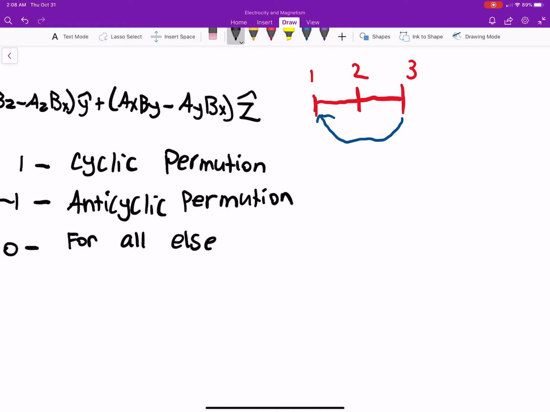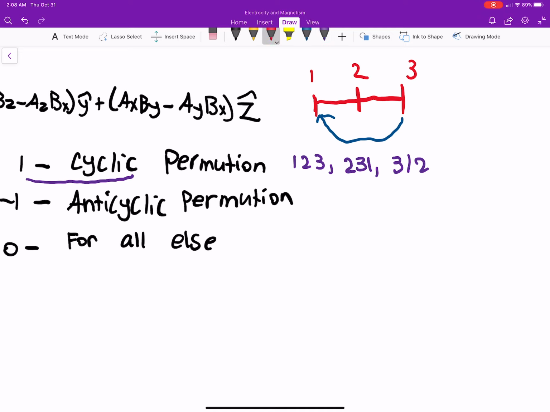So we go 1, 2, 3, 1, 2, 3, 1. Hopefully that makes sense. When we go in order like that, 1, 2, 3, or 2, 3, 1, or 3, 1, 2, that's when we get our 1.